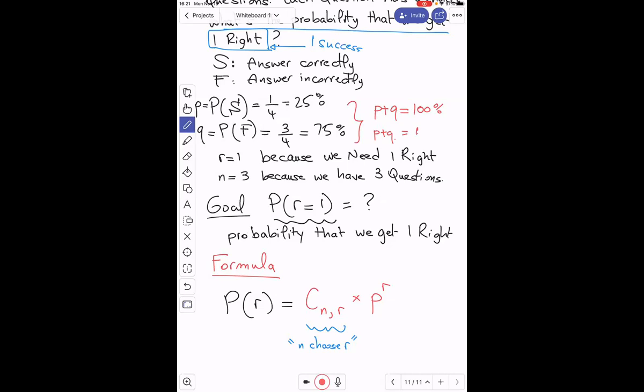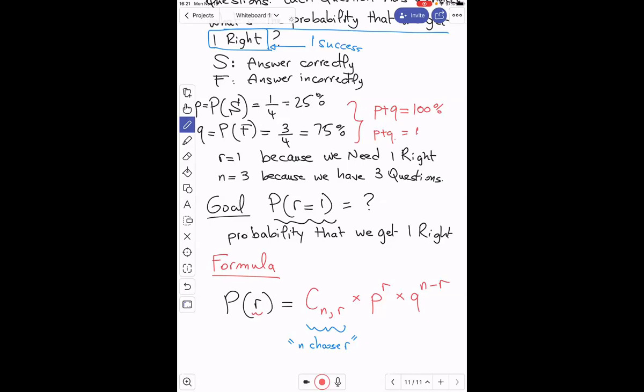This is the probability of R successes, so it's the probability of success to the exponent R, times, of course, Q. If you succeed R times, it means you're going to fail N minus R times, because in total we have N trials. So this is Q to the power N minus R.